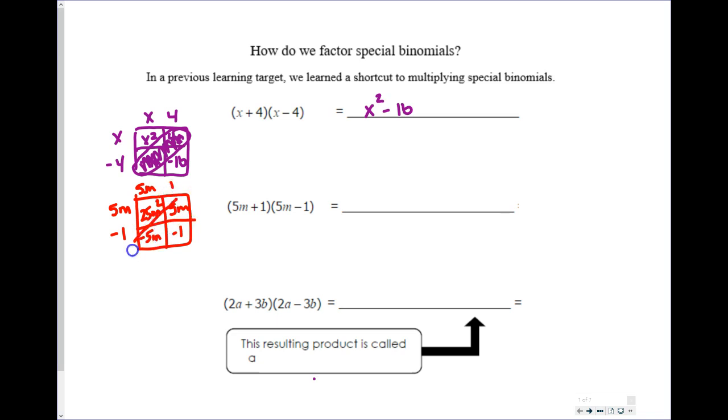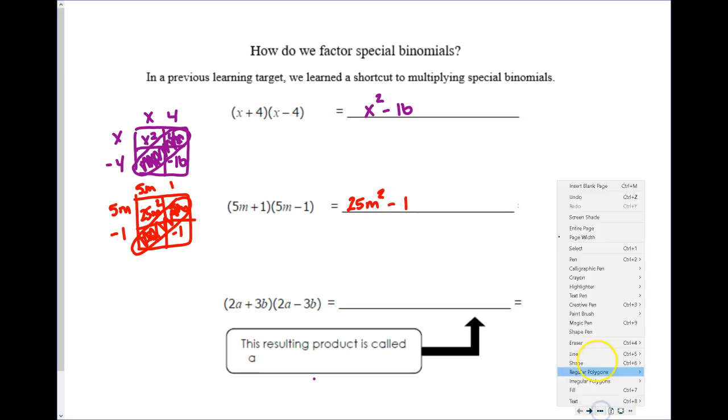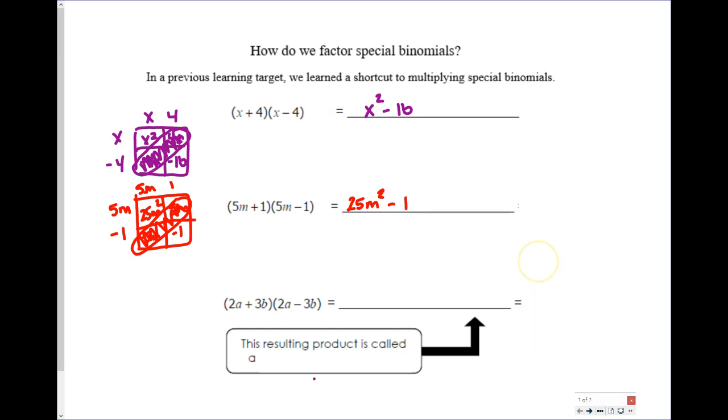Notice the same thing happens here. I have 5m minus 5m, so these get canceled out. So I'm just left with 25m squared minus 1. So this is the pattern, okay? See these first terms, x? And this becomes x squared. See how the first term is 5m?